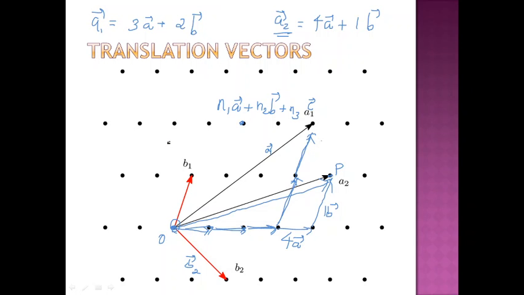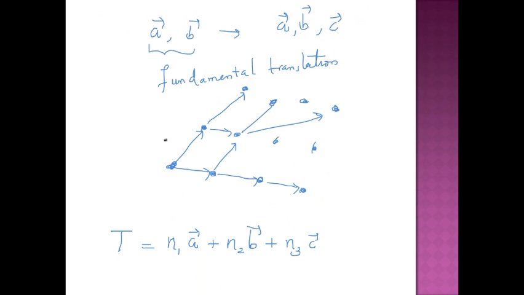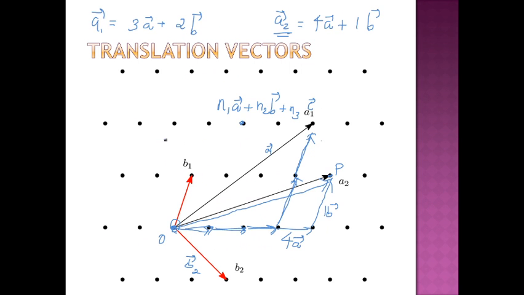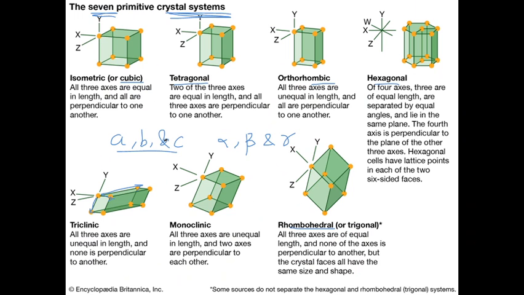This is just a vector that connects 2 lattice points in the crystal lattice. And if you know the fundamental translation vectors, which are the same as the lattice parameters, then you can construct the entire crystal lattice and you can move from one point in the crystal lattice to another through these vectors. So these are the important concepts that I would like to discuss today.